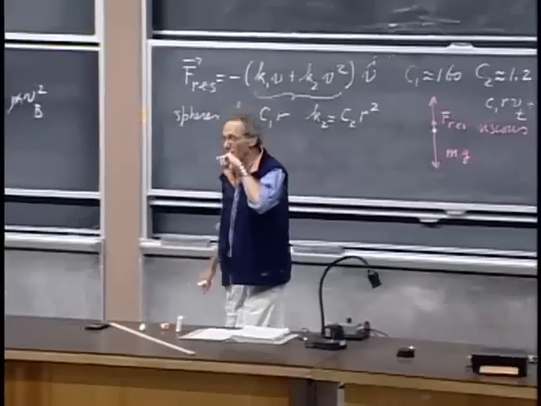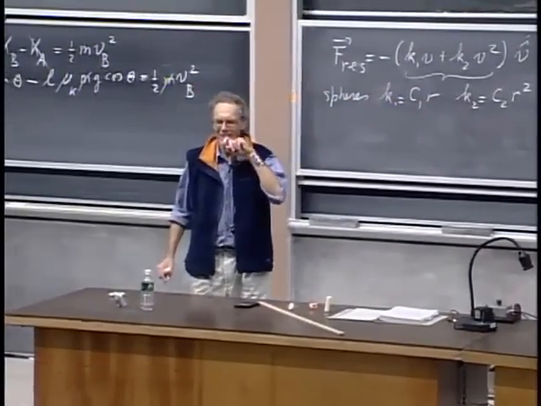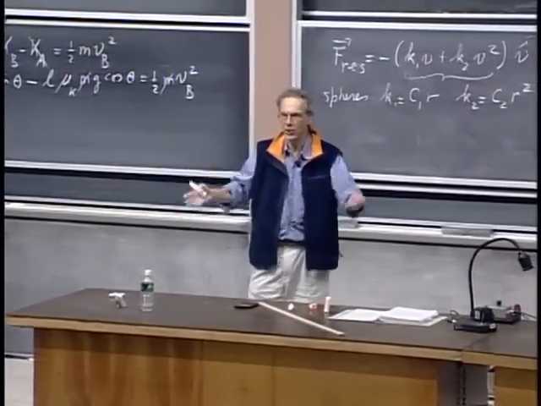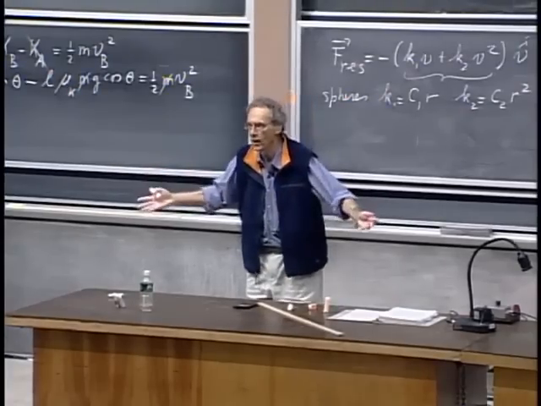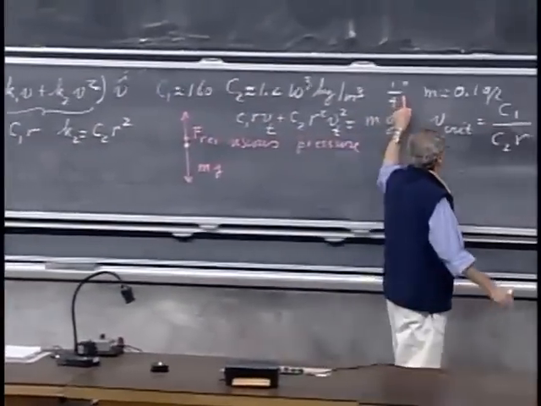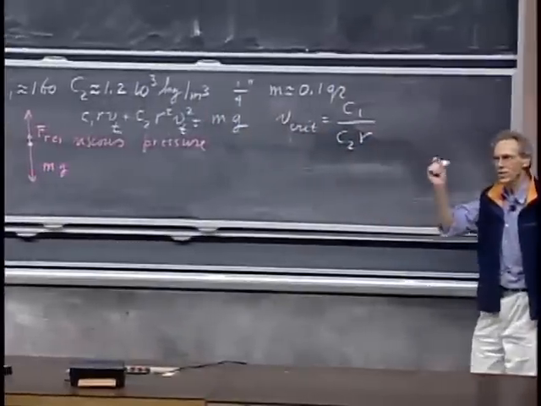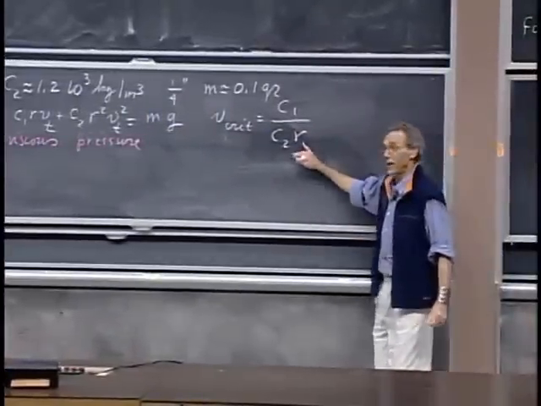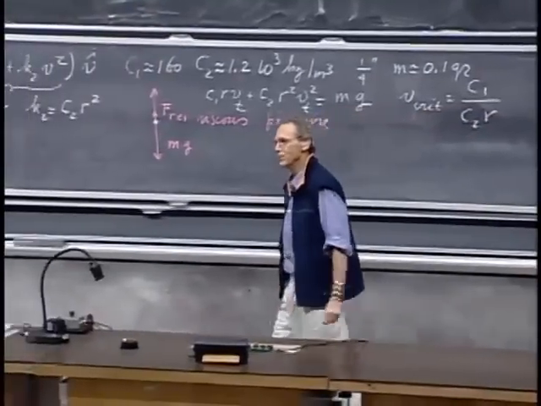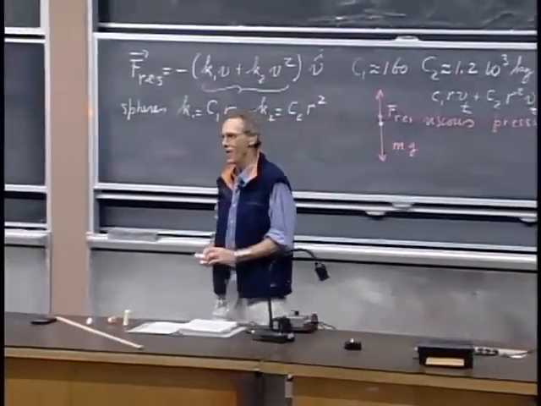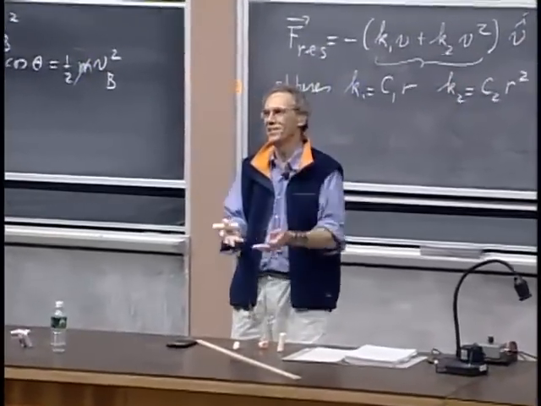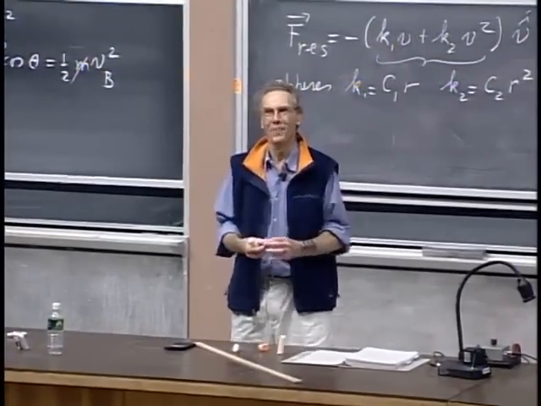There's nothing critical about that number. Really, it's a wrong name, critical velocity, but we give it that name. It simply means that the two terms are equal. That's all it means, nothing else. If you calculate for a 1/4 inch diameter steel ball bearing, you can calculate r, you will find that the critical velocity is about 100 miles per hour. And we know very well there is no way when you drop a 1/4 inch ball bearing into this syrup that it's going to come anywhere near that.